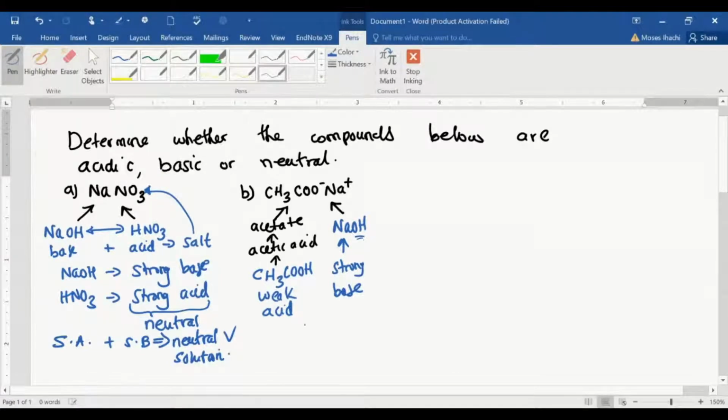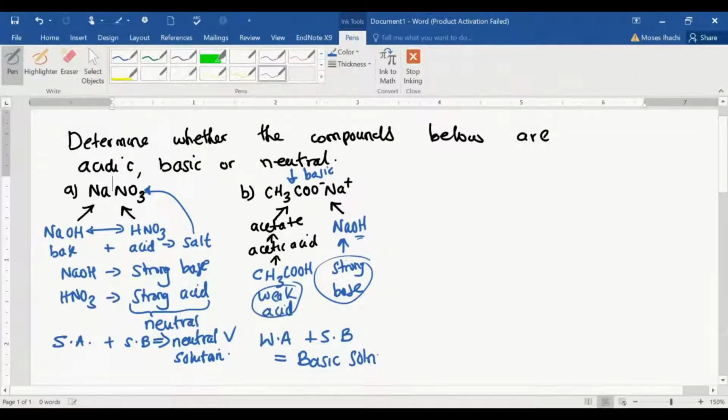So you have a weak acid and a strong base. Obviously you know who's gonna win here. The base will win because it's strong. So in other words, when you have a weak acid added to a strong base in equimolar amounts, you're gonna result with a basic solution. So this salt right here is basic.